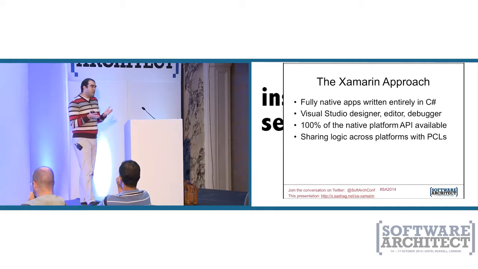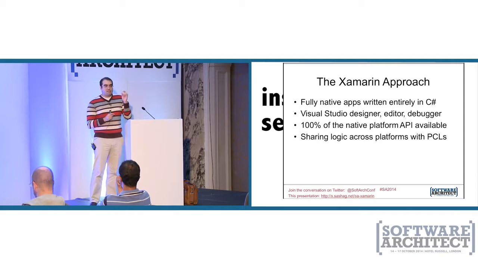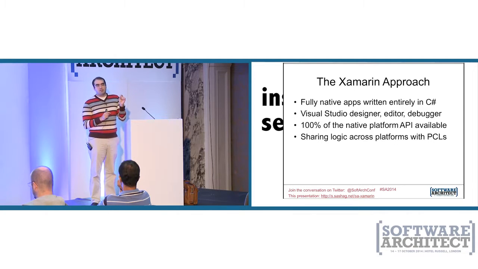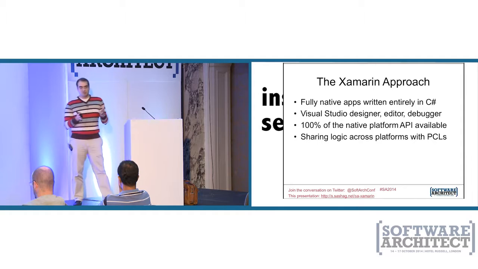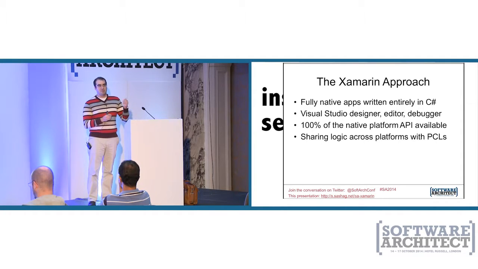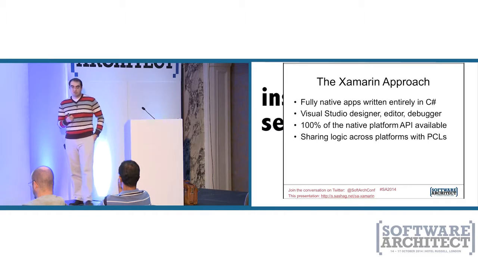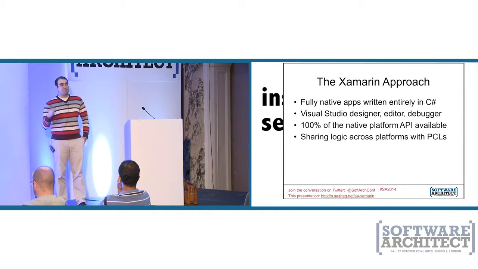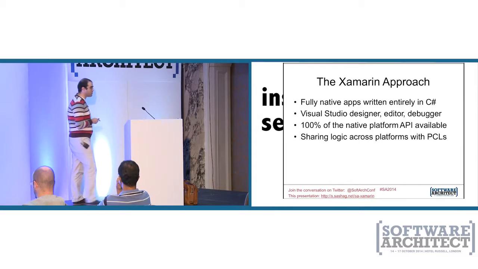And so again, the holy grail here is where you just have these little tiny projects for iOS and Android and Windows Phone and Windows 8, which are all accessing the same big library, which contains all of your actual code. So you only have these tiny projects that produce a build you can install on devices, but your code lives in a shared component, in a shared library.